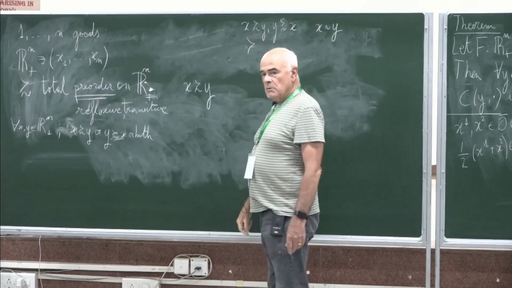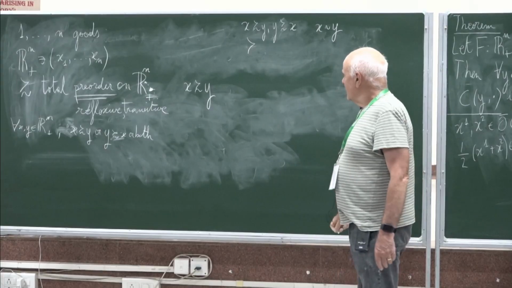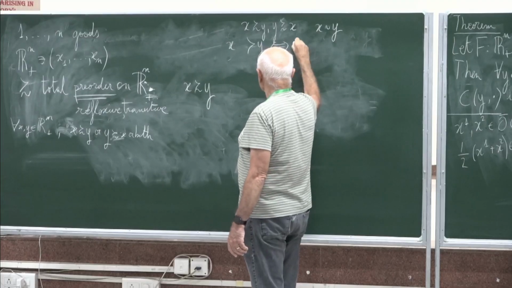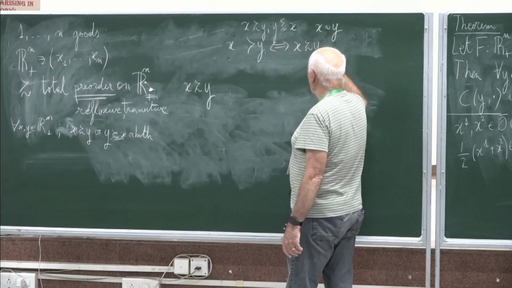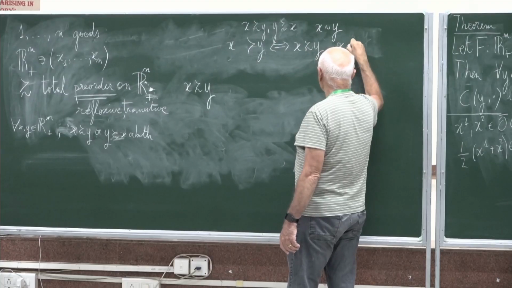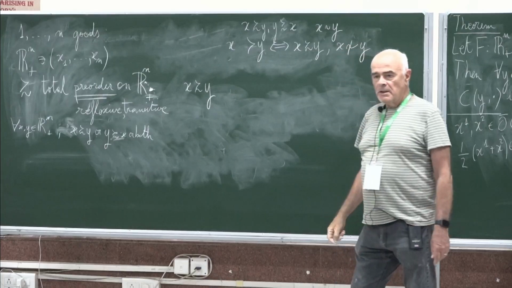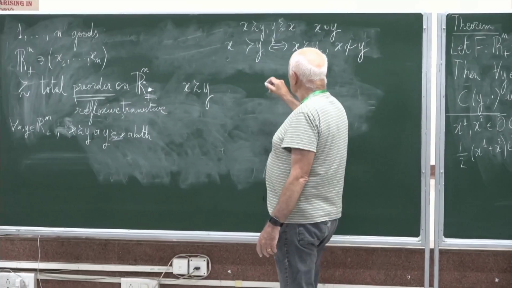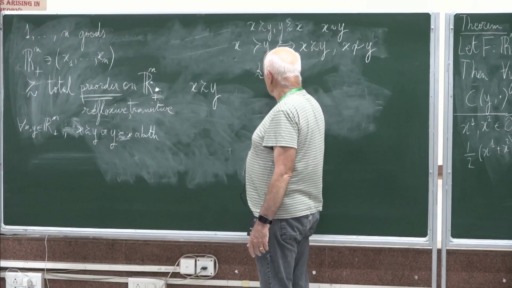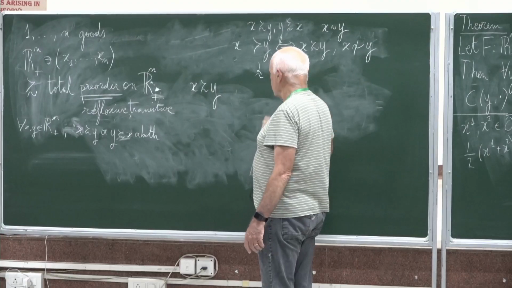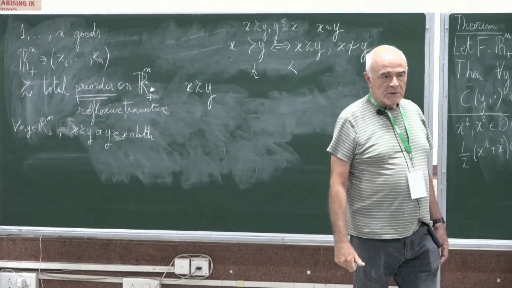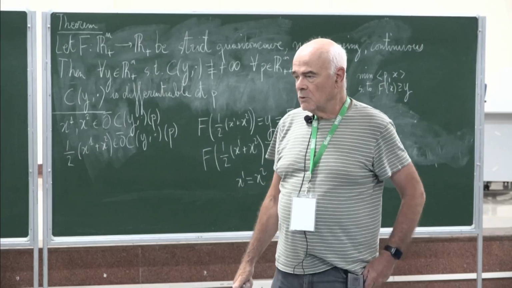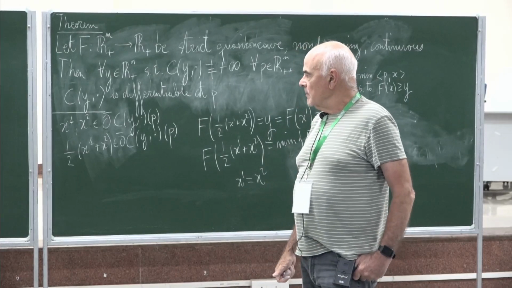I can also write x strictly preferred to y when x is preferred to y, but y is not preferred to x, so they are not indifferent. And of course, you can also consider the reverse preorder, strict or non-strict. These notations are obvious. I think I don't need to explain. Okay?